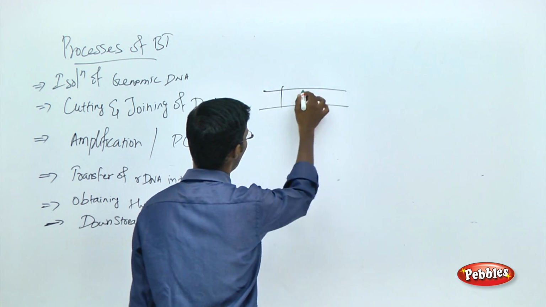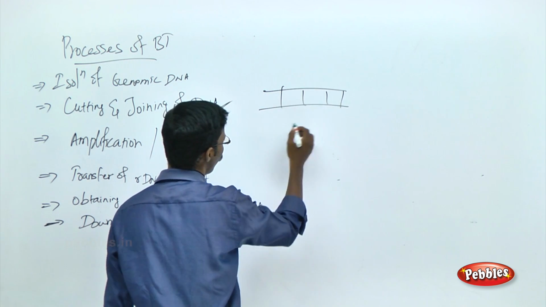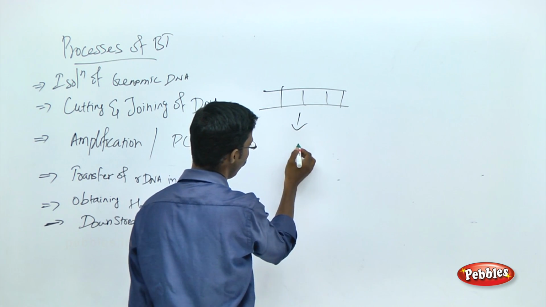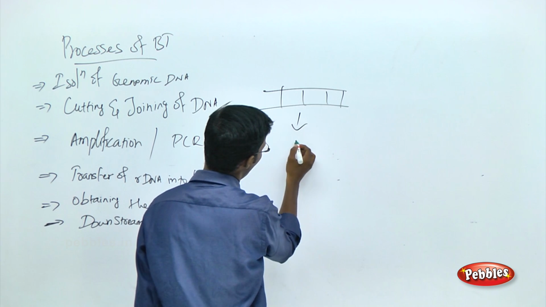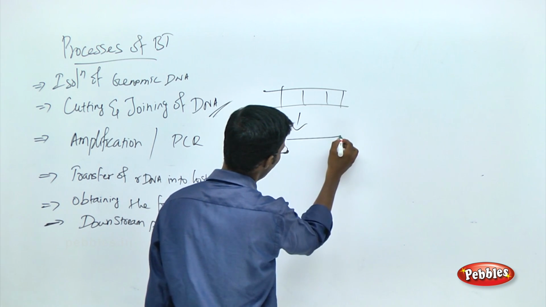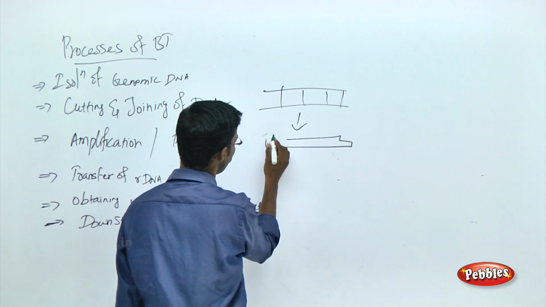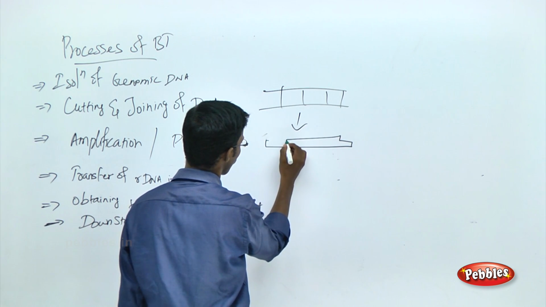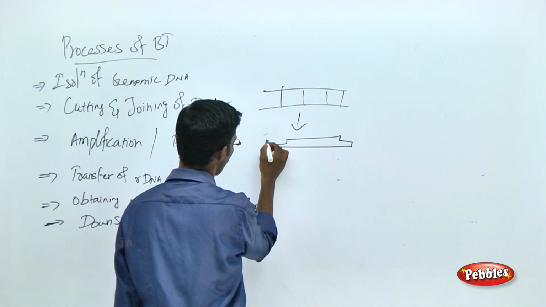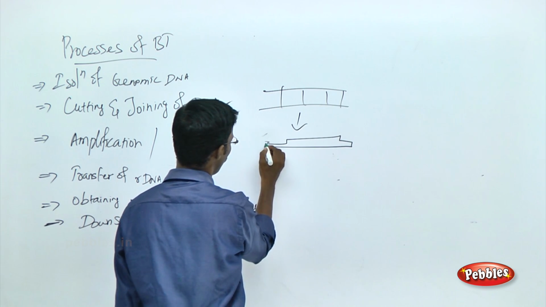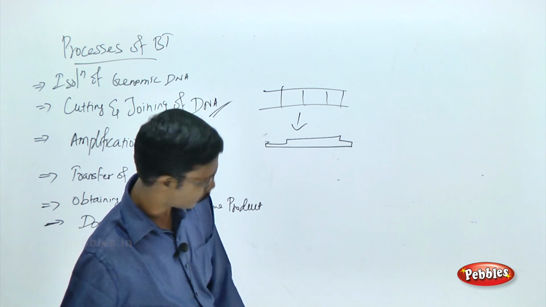This is the genomic DNA, just imagine, and from this genomic DNA you have isolated a fragment. Then you digest the fragment so that you get a fragment like this.